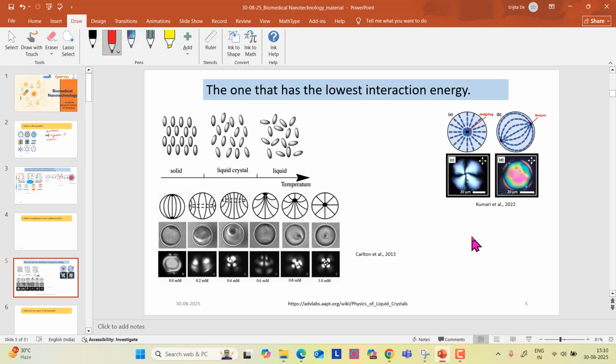Then what happens? When liquid crystal is in emulsion form, they generally form two kinds of structures. The first one is called the radial arrangement, and the second one is called the bipolar arrangement. When you see this kind of liquid crystal material under a microscope, you will see different types of beautiful patterns.